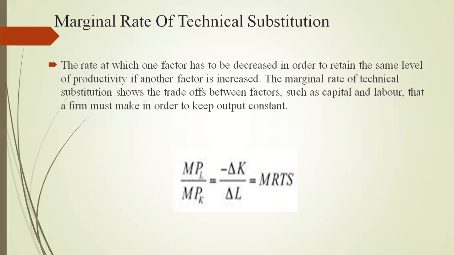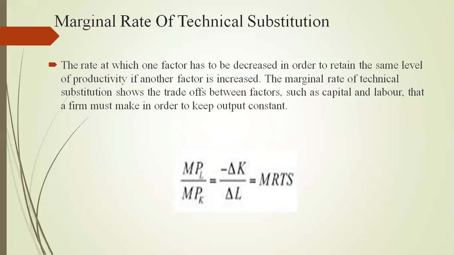Like, let's say we are using 10 laborers, and 30 was the capital we were using, and output was 100. So output will remain 100. To keep that output at 100, let's say after 2 days, 2 laborers went off. Out of 10, now we have only 8 laborers. So to replace the work of those 2 laborers, we need to take one more additional unit of machinery.